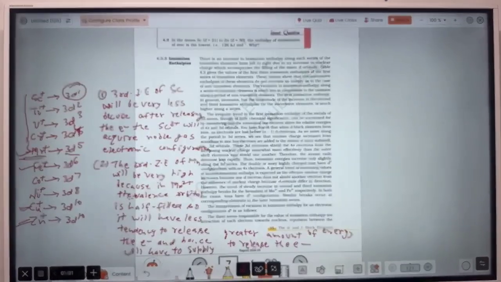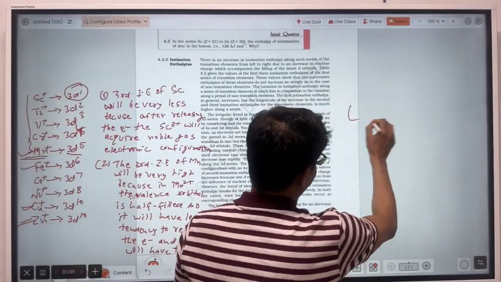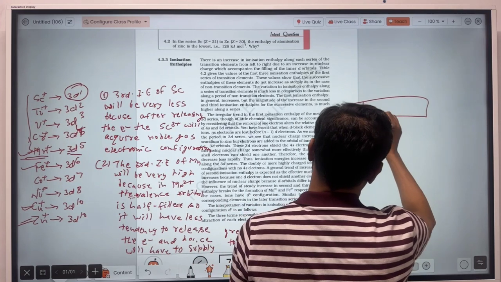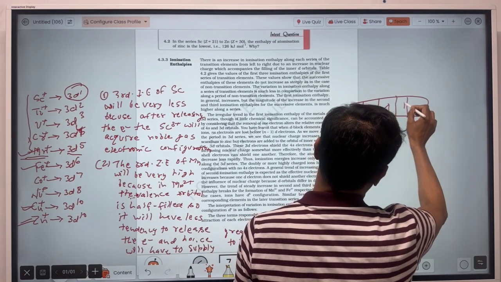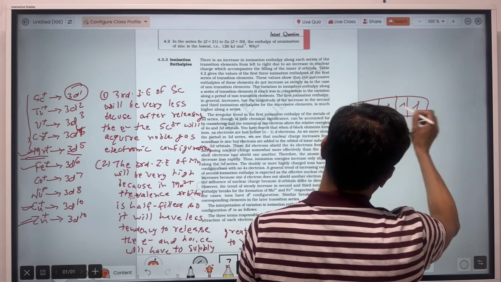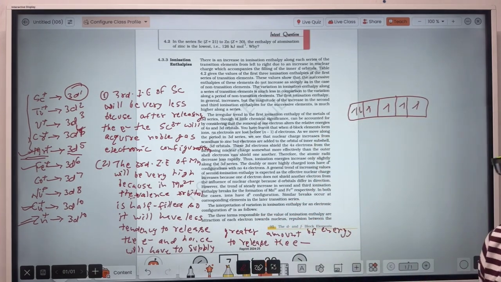Iron here has 3d6, like this one here, and 3d6, so 5 orbitals here, and this one here.